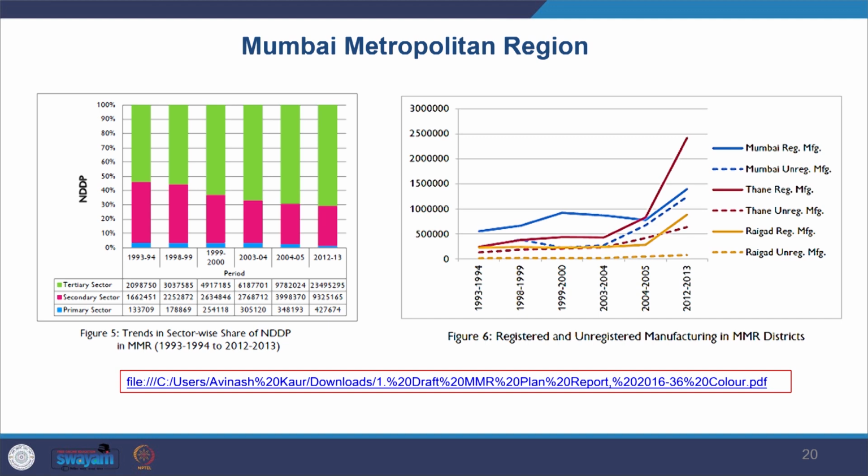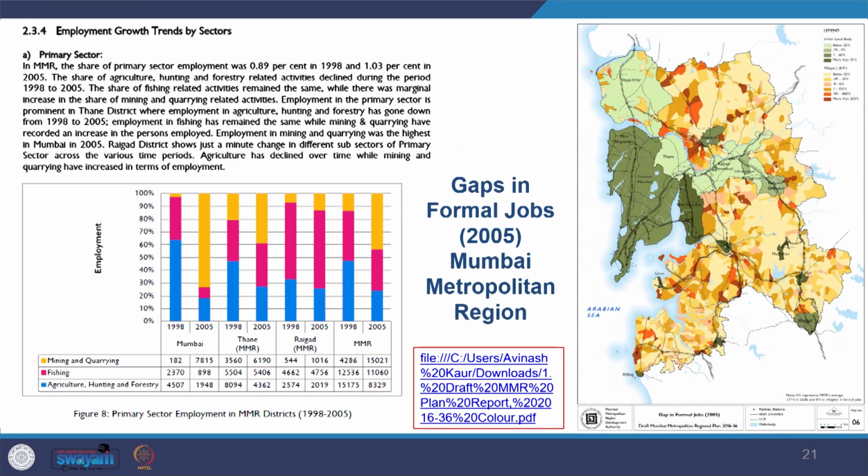You can see the employment growth sector-wise: mining and quarrying, fishing, agriculture, hunting and forestry. You can look at the fluctuation. In 1998, agriculture and housing was very big, the blue color, and now in 2005 that has shrunk a lot.